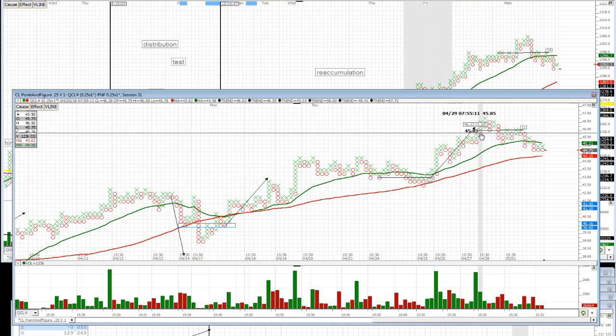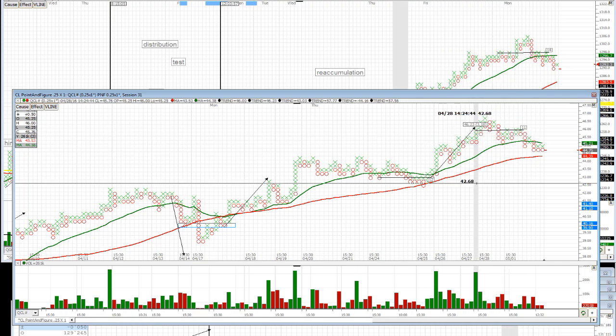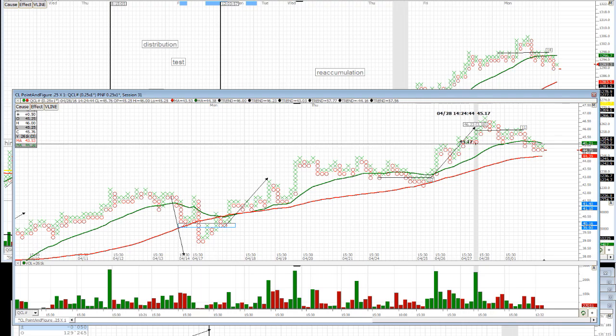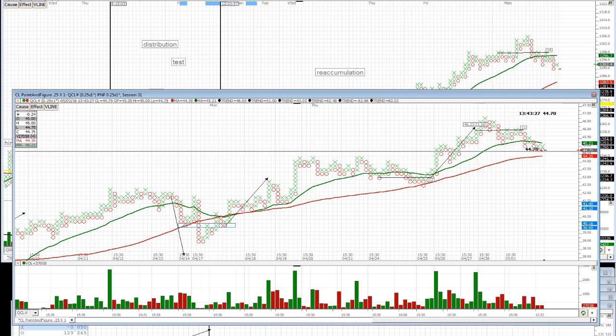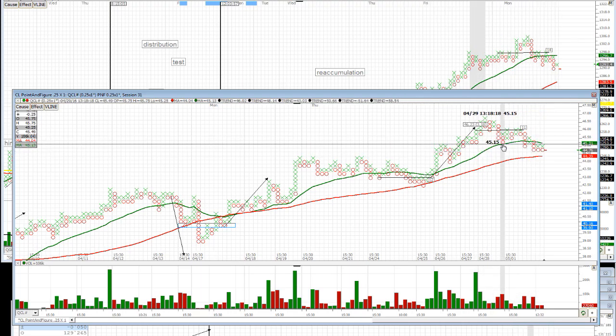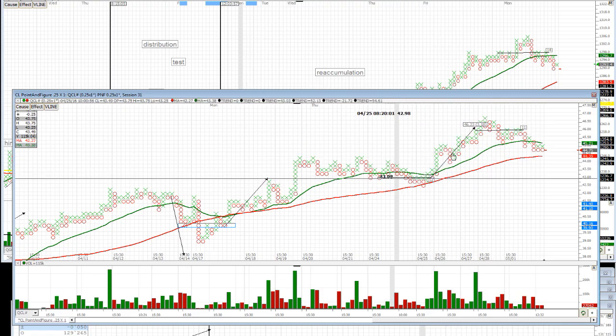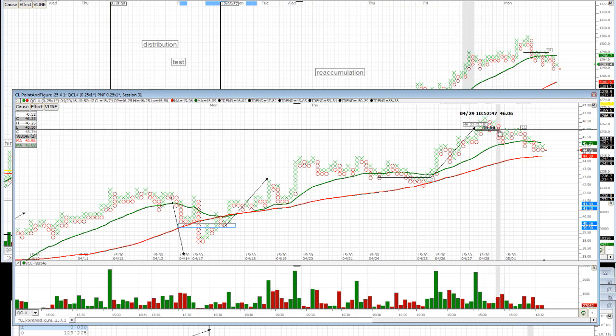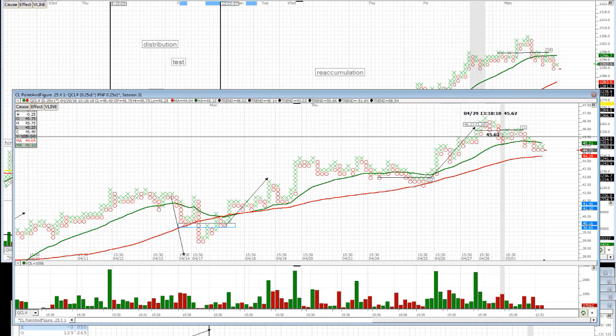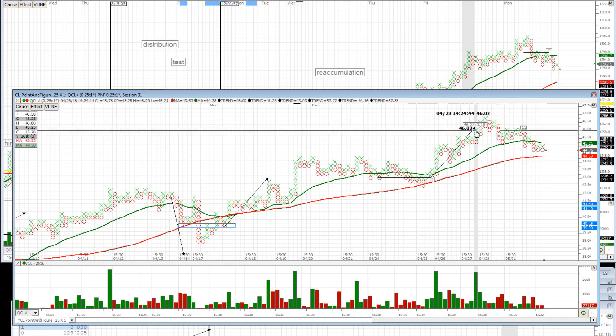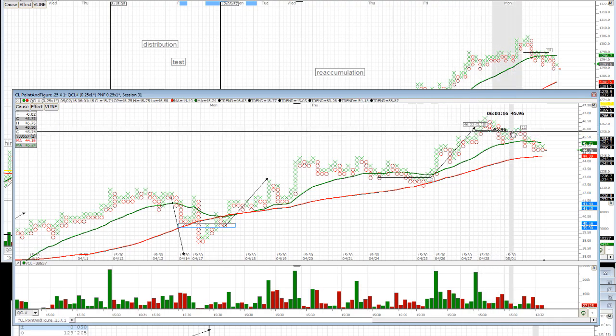But what we do see here is this is the high volume rally. See that? And that's been broken. So this has been broken. You see that it went to the target. Then you have selling followed by more selling. So you have a base, you have rallies, and you have a hinge.